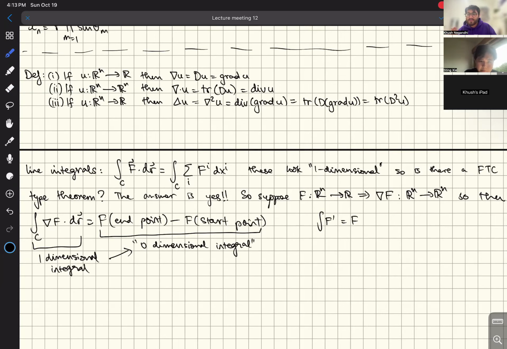So somehow you went down a dimension; the derivative puts you down a dimension. So when we integrate the derivative of something, we integrate over a lower dimensional object, and we integrate just the thing itself. We'll see that this is actually a general phenomenon.